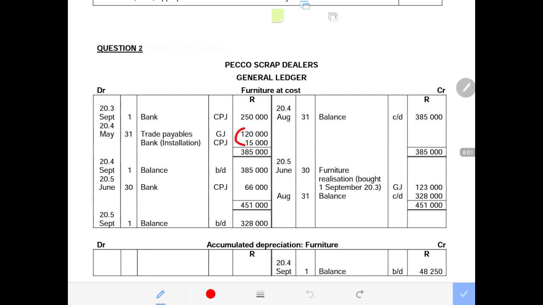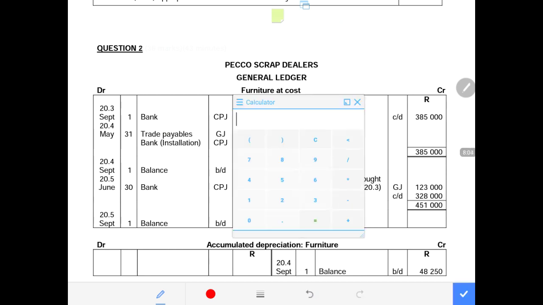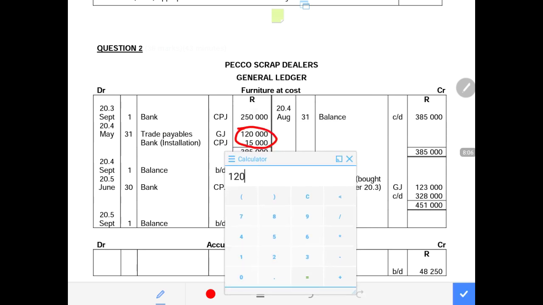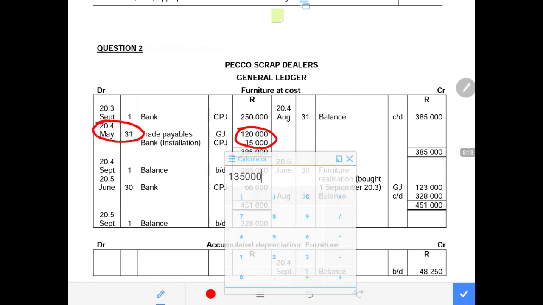That means the cost of this furniture was a total of 120,000 rands plus 15,000 rands. This was bought in the last accounting period, on 31st of May 2004. Remember, this is still in the previous year, not in the current year. I want to highlight that very clearly. So now we have the furniture worth 135,000 rands plus the furniture that was in the business at the beginning, which is 250,000 rands.